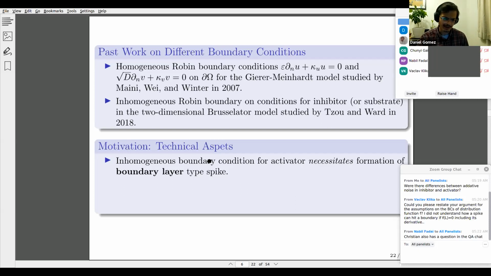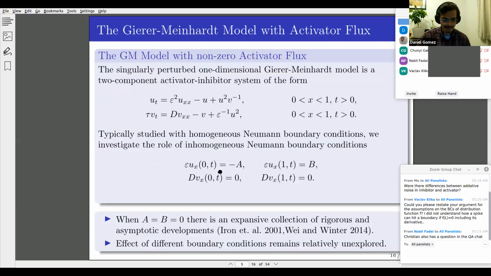In the case of other boundary conditions, such as the homogeneous Robin boundary conditions, you could find that these spikes actually concentrate a little closer to the boundary. But when you consider inhomogeneous boundary conditions, so we're going back to this slide, you see that if you have something that's actually 0 at the boundary, there's no way that you're going to be able to satisfy these boundary conditions. And by 0, since these are spikes, I mean that it's 0 and it's flat at the boundary. So the fact that we have these non-zero boundary conditions really necessitates that spikes form at the boundaries.